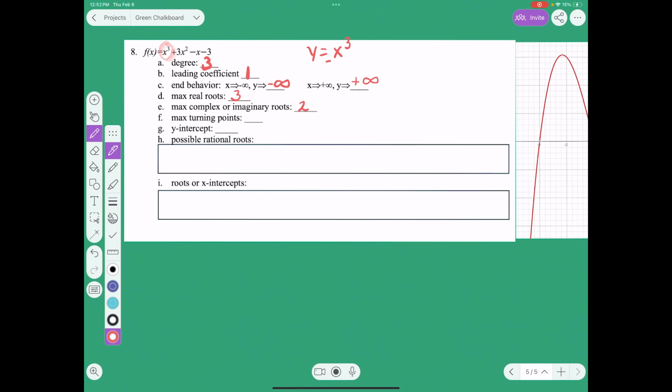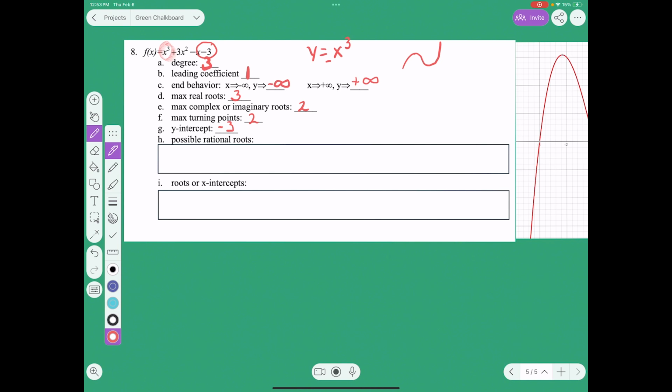Max turning points, if I have something like a cube, I can have 2 turning points. The y-intercept in this case, we know if x is 0, then our y-intercept is going to be -3.